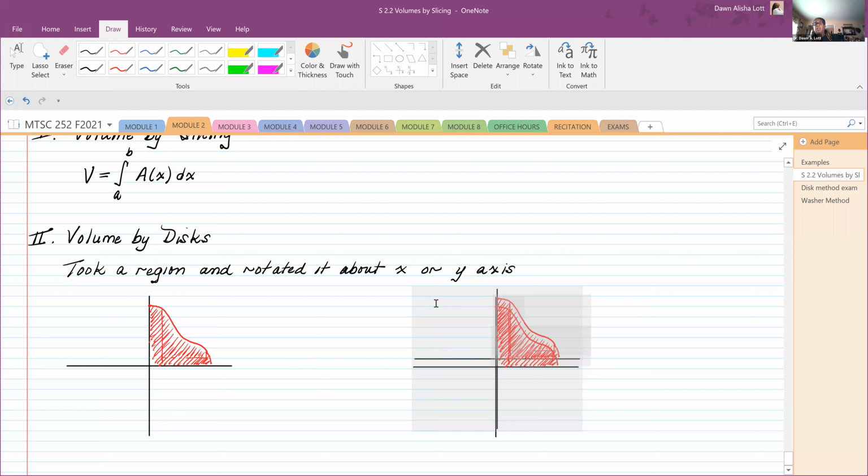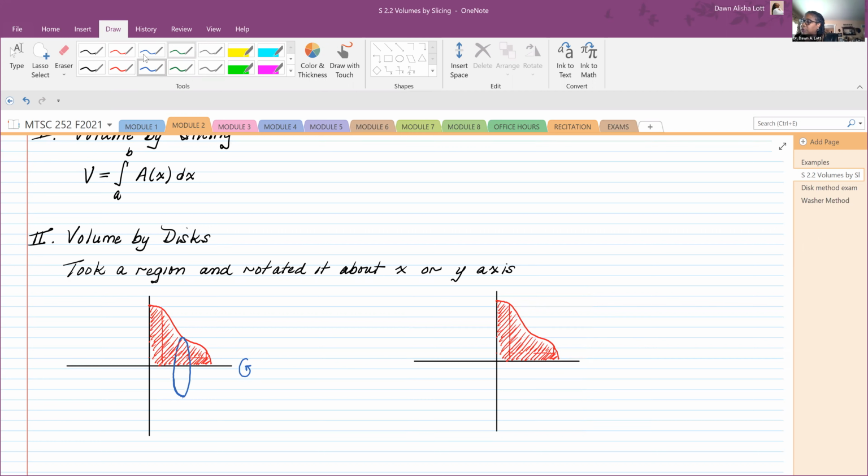Okay, so we said if we're rotating this region about the x-axis or some line horizontally, that means if it's rotating this direction, I should see discs in that direction. I find the radius of my disc, which is this height. So that's y is equal to some f of x.